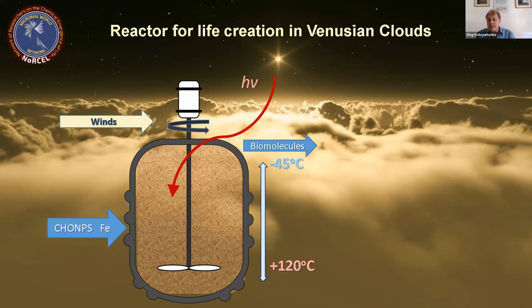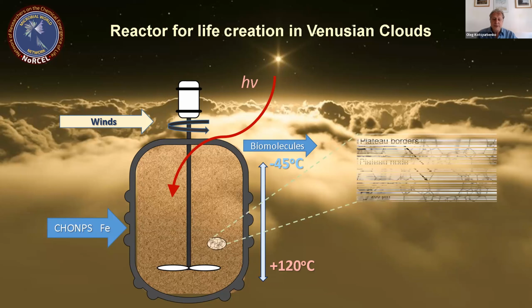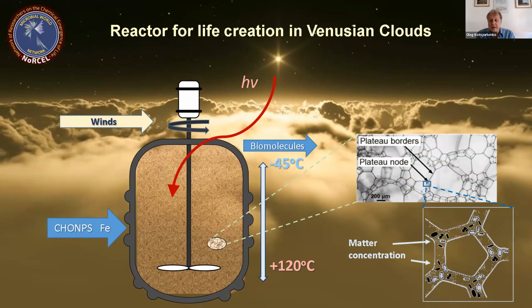It can be assumed that under such conditions, complex organic molecules can be synthesized and can further increase their complexity in microsites. For example, in the nodes of foam structures that can potentially be created in the aquatic environment in the clouds. So this is the concept of origin of life on Venus in the clouds.